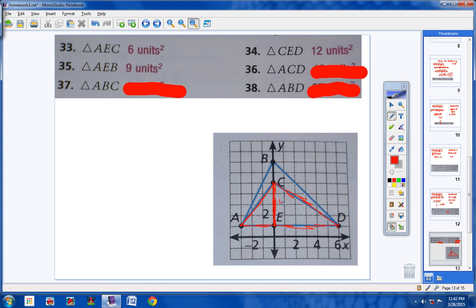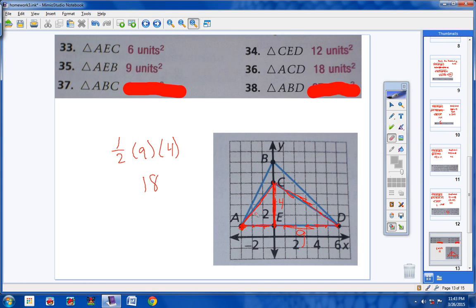So your height is 4. Your base is, start here, 1, 2, 3, 4, 5, 6, 7, 8, 9. So you have 1/2 times your base times your height, okay, which would give you 18.